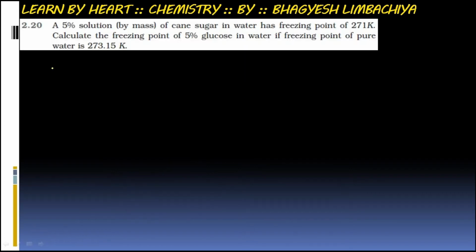Now in this question you are given that a 5% solution by mass of cane sugar in water has a freezing point of 271 Kelvin. So calculate the freezing point of the 5% glucose in water if the freezing point of pure water is given to you as 273.15 Kelvin.